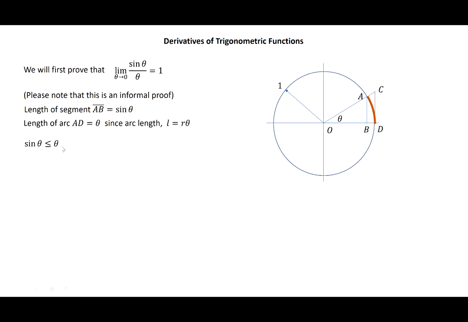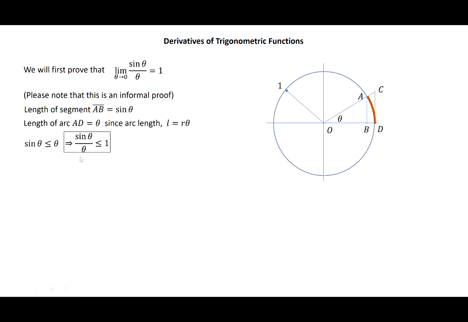I showed you that theta is greater than or equal to sine theta, but then that means automatically sine theta is less than or equal to theta. What else? We can divide both sides by theta, and that would not change the inequality. When you multiply or divide by a positive number, the inequality does not change.